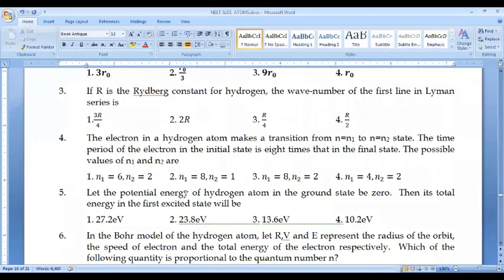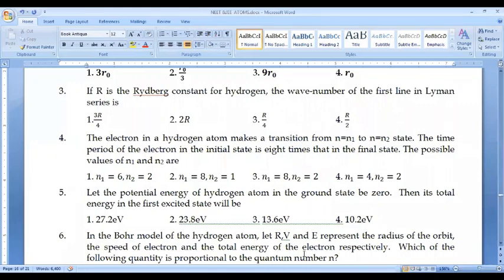Question number 4. The electron in a hydrogen atom makes a transition from n is equal to n1 to n is equal to n2 state.